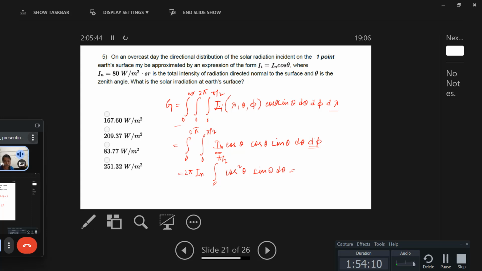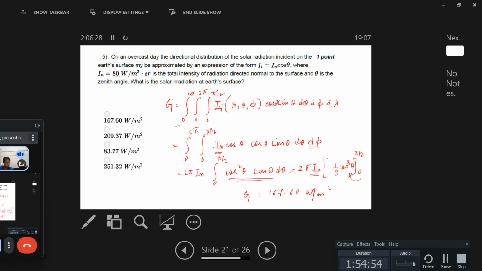Now if we integrate this, we get minus 1 by 3 cos cube theta from 0 to pi by 2. Now if we substitute 0 to pi by 2 in cos theta, we get this G, and we also substitute the value of In as 80. Okay, we get this as 1.67 into 60 watt per meter square.